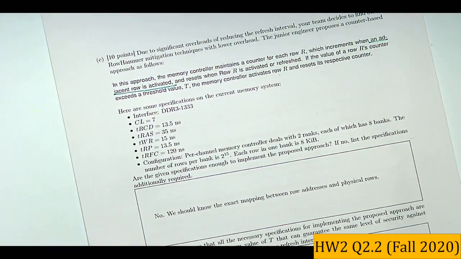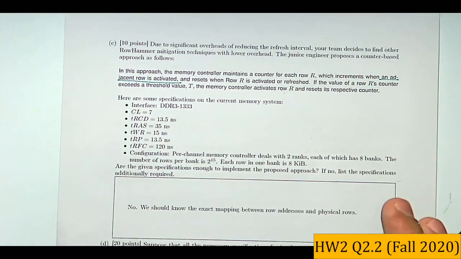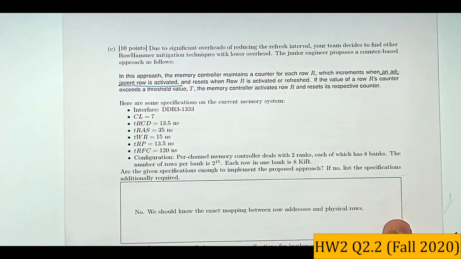For example, we can count the number of activations of a row, and if it exceeds the threshold value, we can activate the adjacent rows of the activated row. But here, they did not choose that approach.